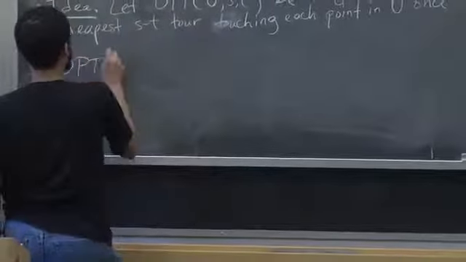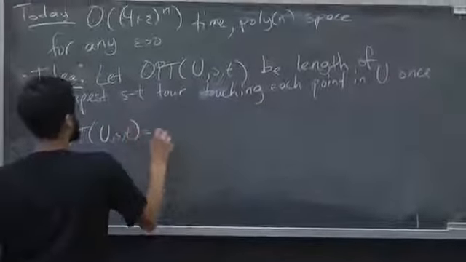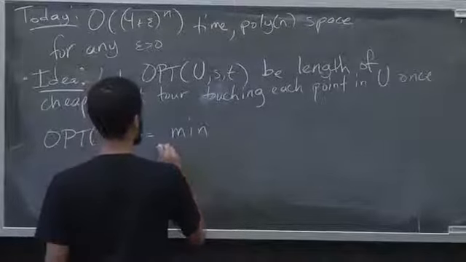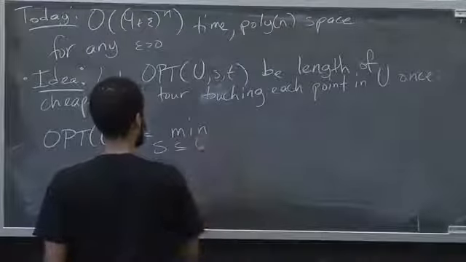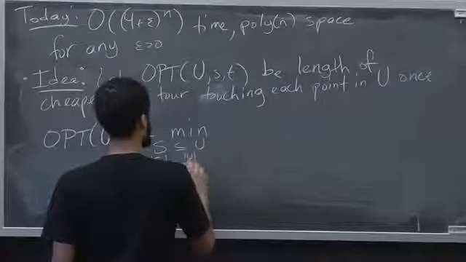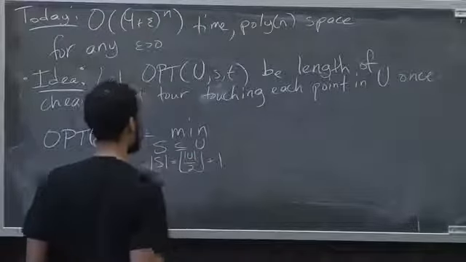So opt of UST is the min over S being a subset of U. Let's say the size of S is the size of U over 2 plus 1.